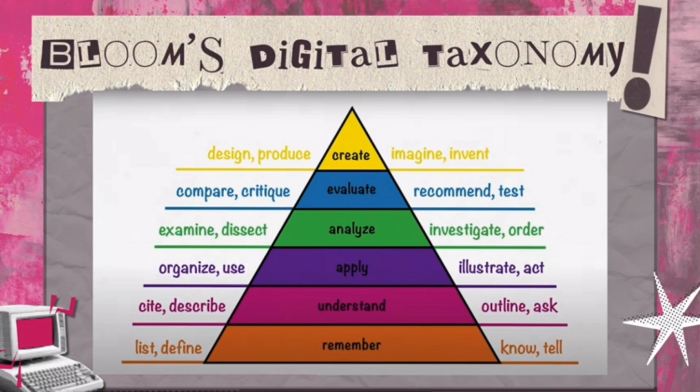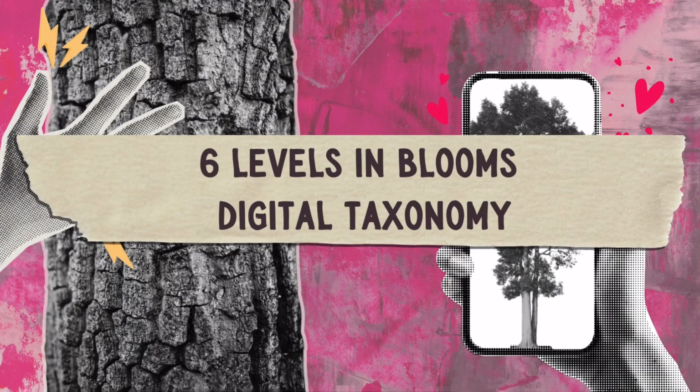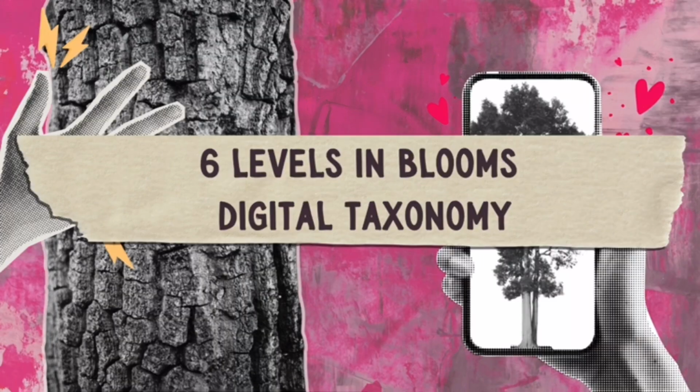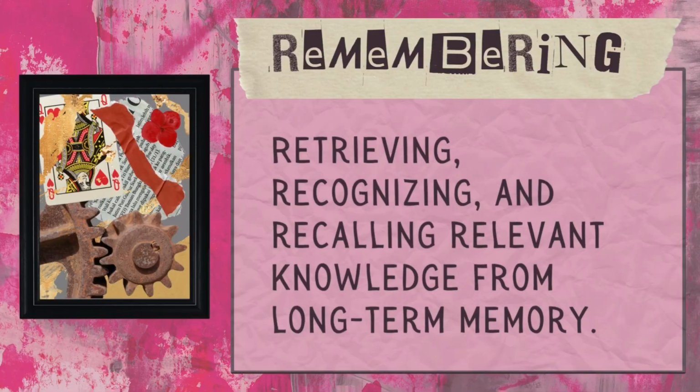Learners must start at the first stage and master that level before moving on to the next. There are 6 levels, and each level can be used to structure the learning outcomes, lessons, and assessments of your course. Now let's start at the bottom of the pyramid, level 1, which is remembering.